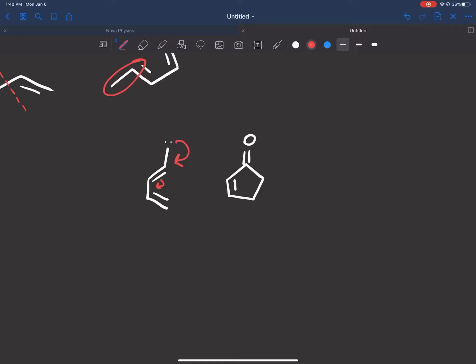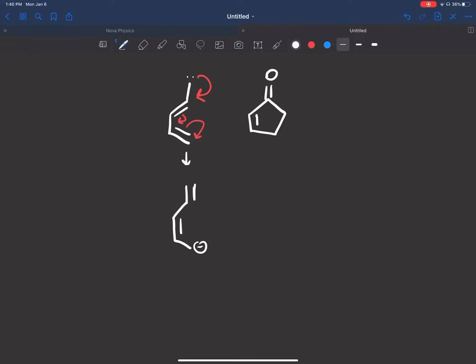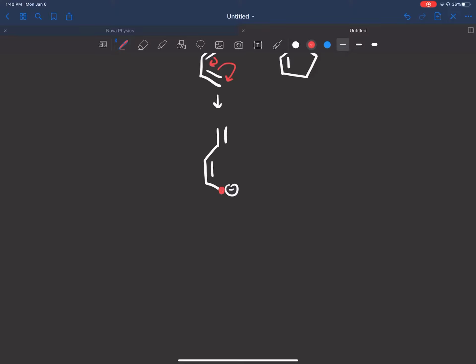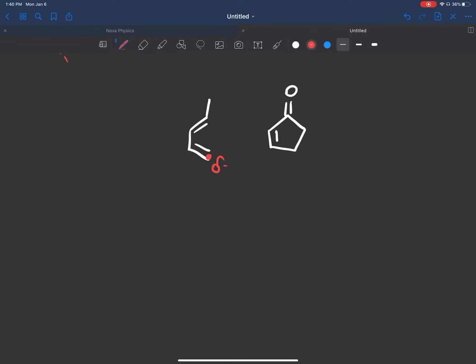That's going to push this double bond over here, and that's going to put a lone pair on that carbon, giving us something that looks like this. Negative charge here, double bond there, and here's our fake double bond, right? But the important part is that we know that this carbon has that partial negative, all right? So I'm going to just highlight that carbon, partial negative.